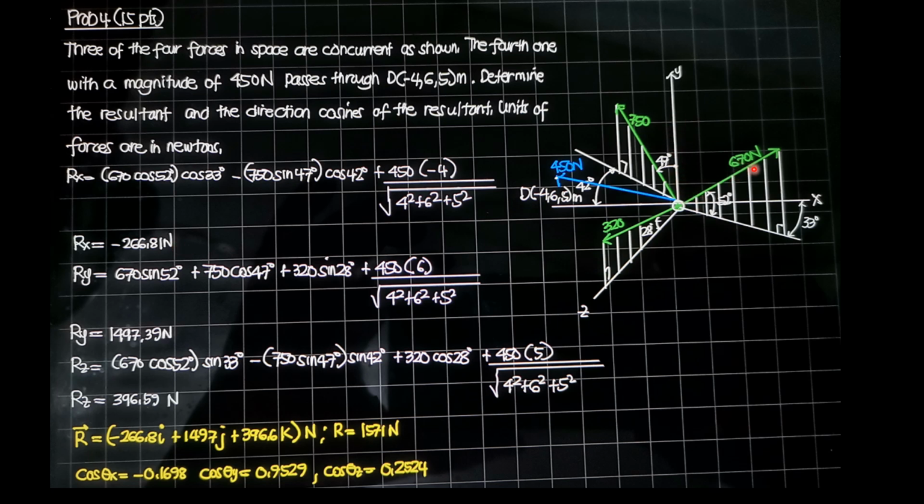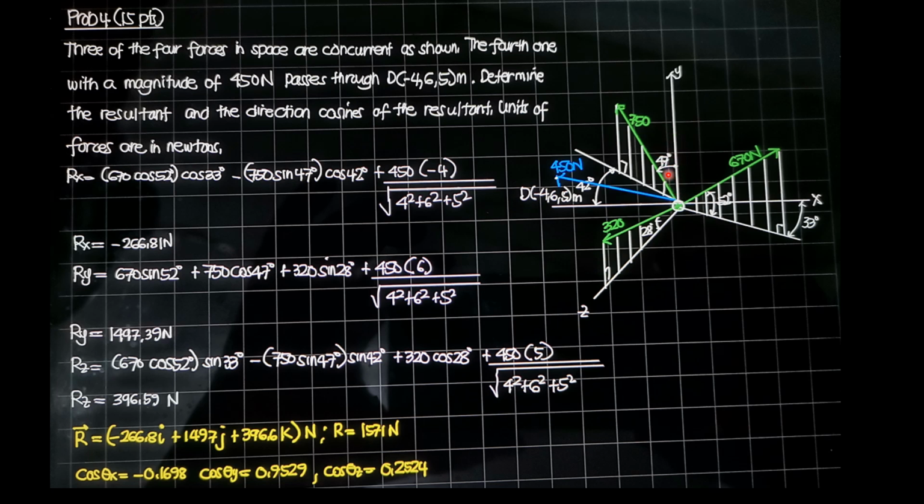Then the summation of forces in Y equals Ry. Again, the y component of 670 is upward because it is directed upward also. So that is that component there, opposite to 52. This component is 670 times sine of 52. The y component of 750, as mentioned earlier, is again positive, adjacent to this 47-degree angle.